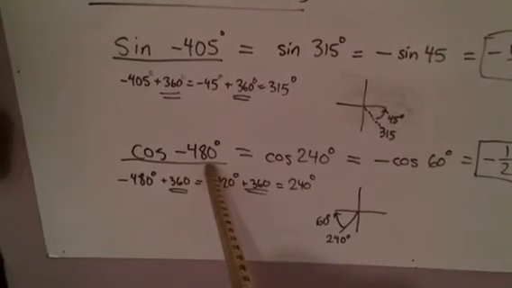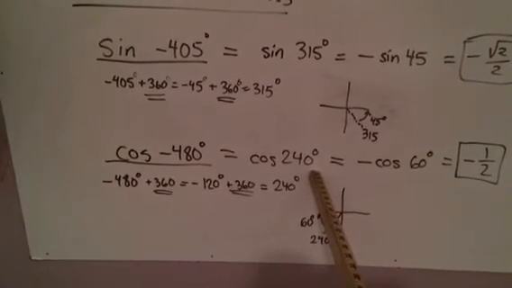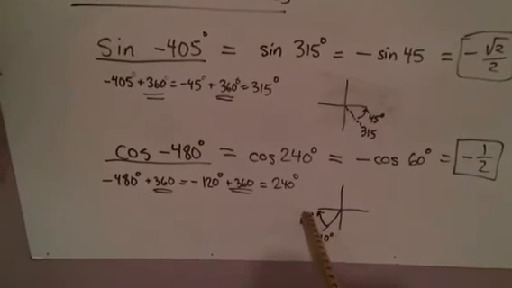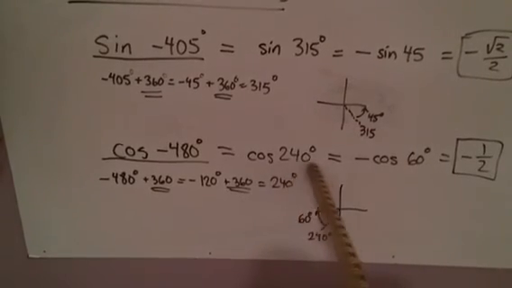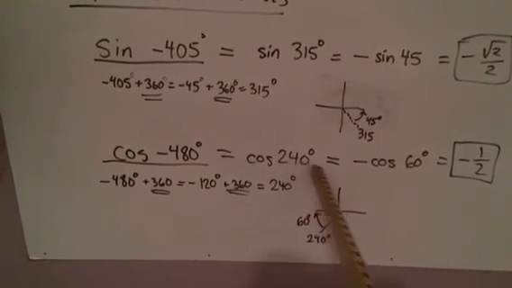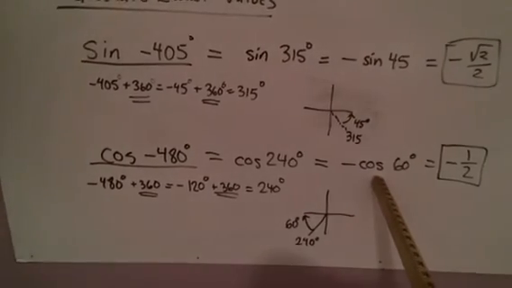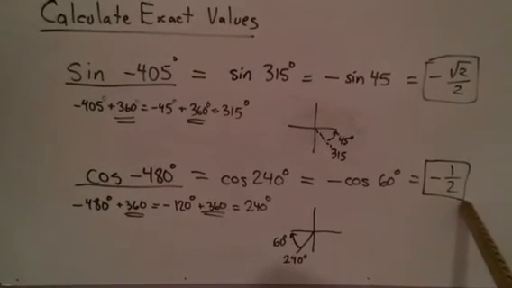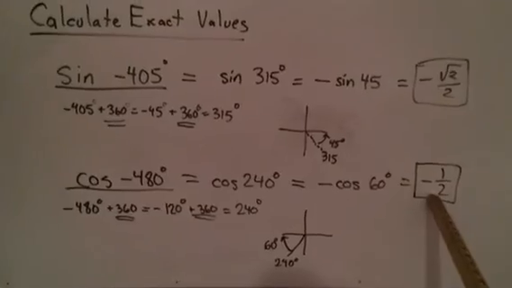So the cosine of negative 480 degrees is the same as cosine of 240 degrees. 240 degrees as a reference angle is 60 degrees here in the third quadrant. And since cosine is negative in the third quadrant, cosine of 240 is the same thing as negative cosine of 60 degrees. According to our 30, 60, 90 triangle, the cosine of 60 degrees is 1/2, and therefore we get negative 1/2.